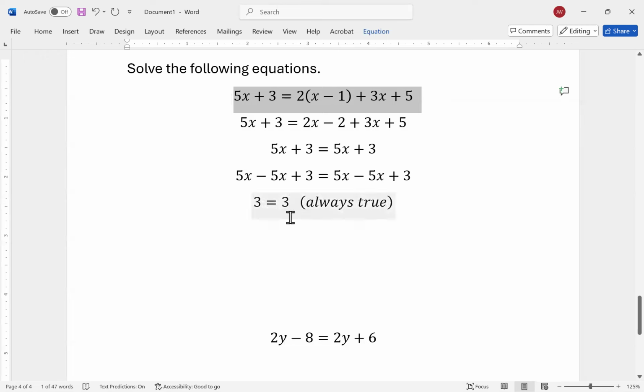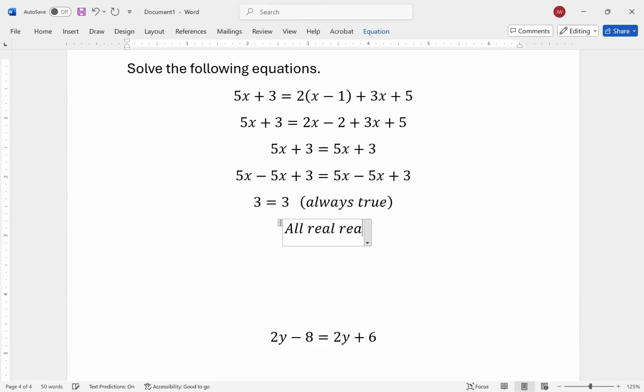Let me state that again. This equation is always true. It's equivalent to the first equation. Therefore, the first equation is always true, regardless of what we plug in for x. And therefore, the solution that we get here is all real numbers.